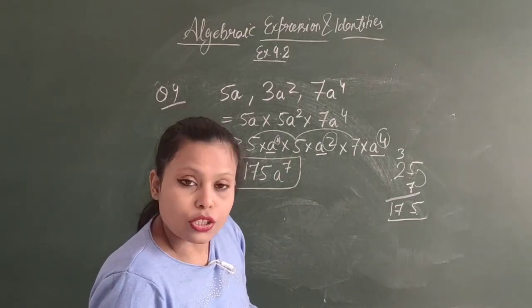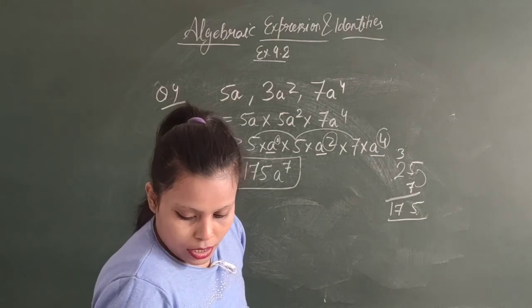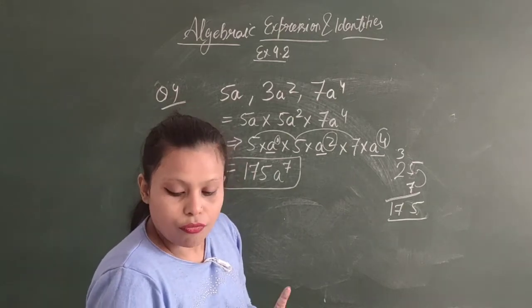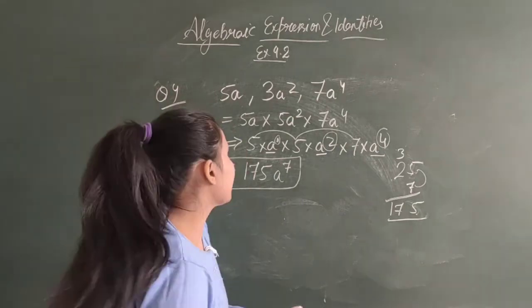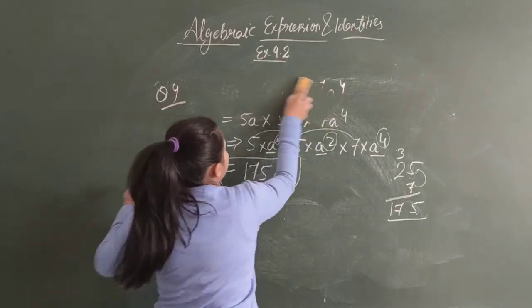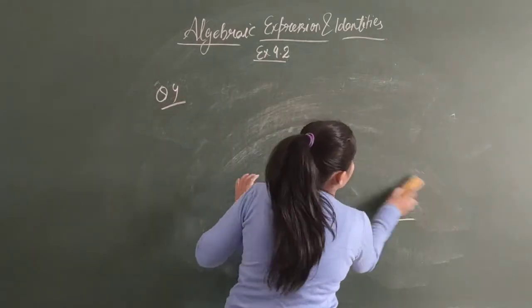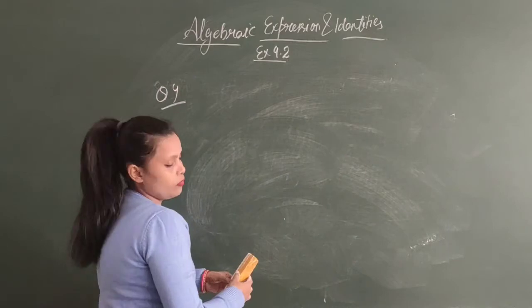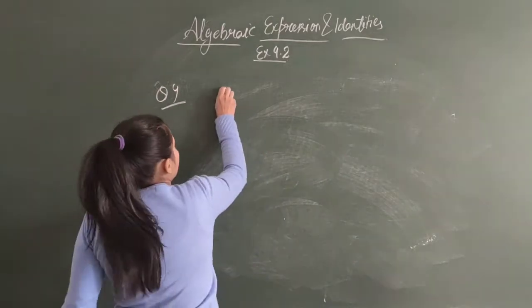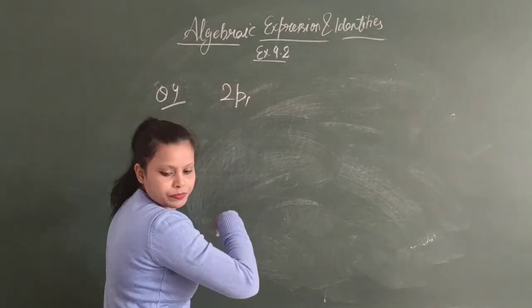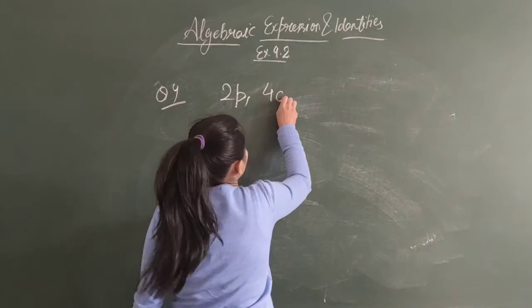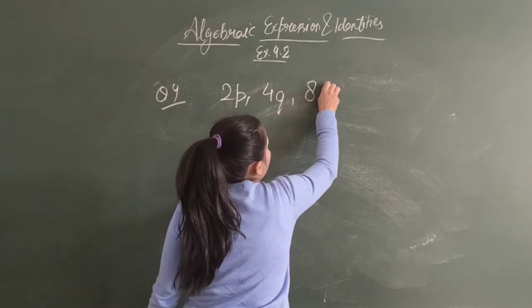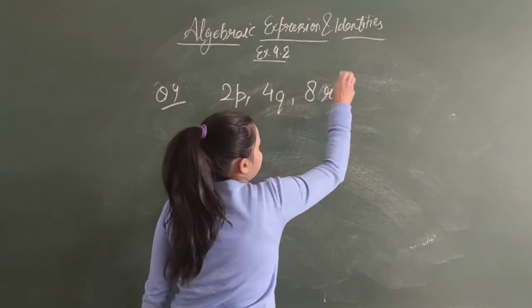Let's do part 2 also, because every variable is different in that part. So let's do part 2 of question number 4. 2p, 4q and 8r.